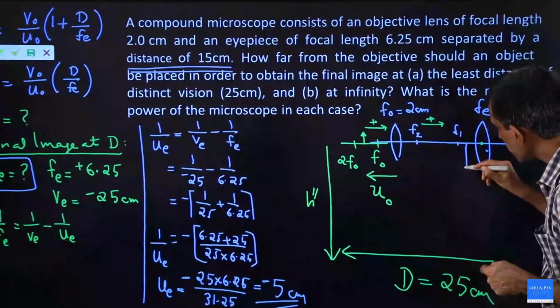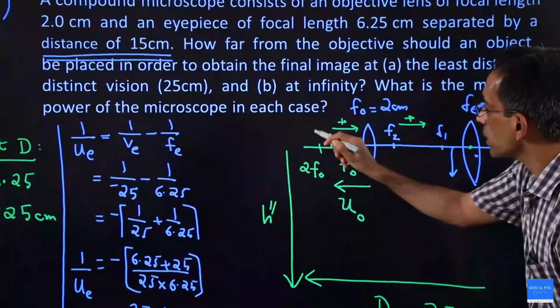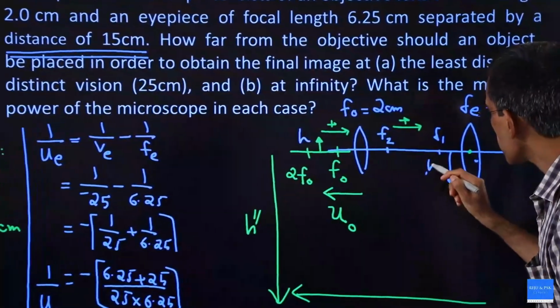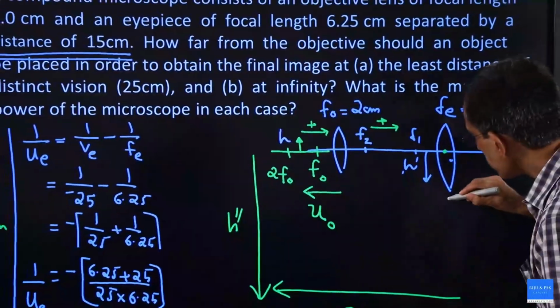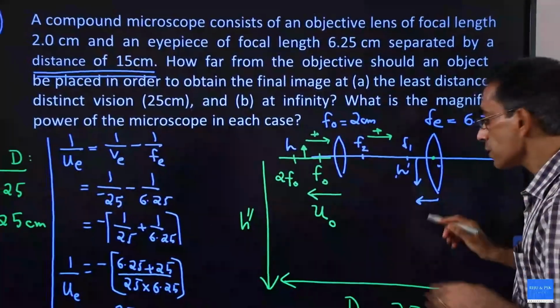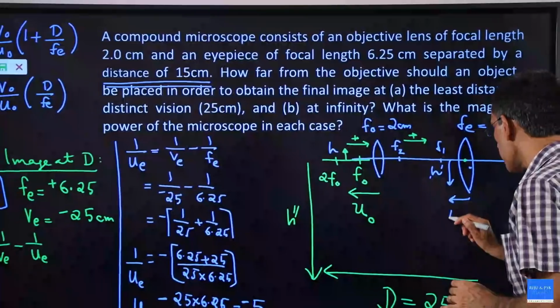So the first image must be here. This is the image of this object: the object is H, this first image is H dash, and the final one is H double dash. This distance we calculated, with the minus sign meaning opposite to the direction of light, is 5 centimeter.